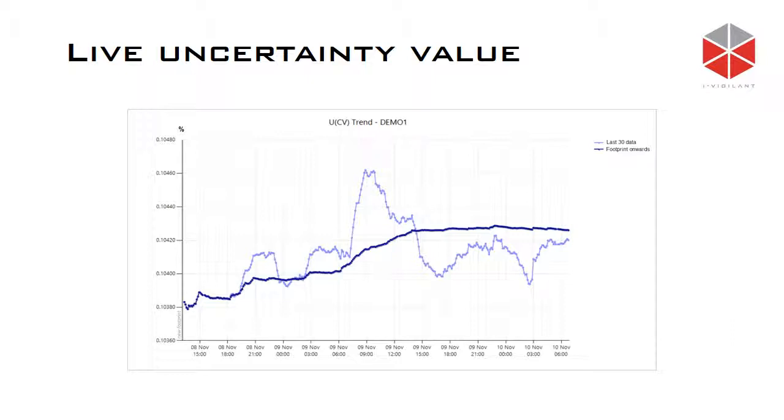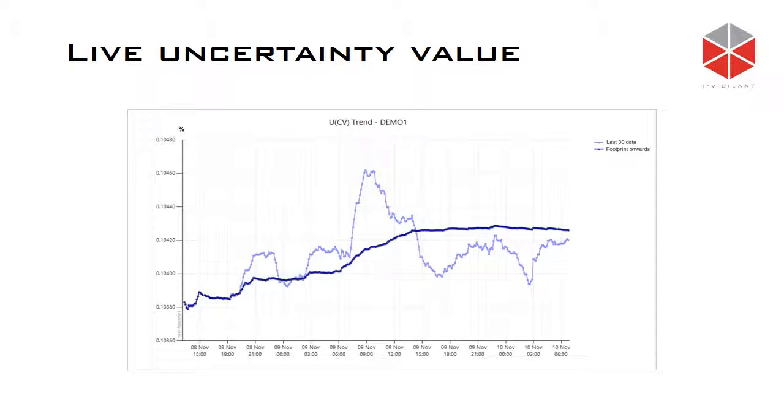If you see the scale, it is a very, very low scale. This is just to show that we can see the long-term uncertainty, which is the dark blue line, and the short-term uncertainty, which is the light blue line. You can see that it shows a slightly different thing.